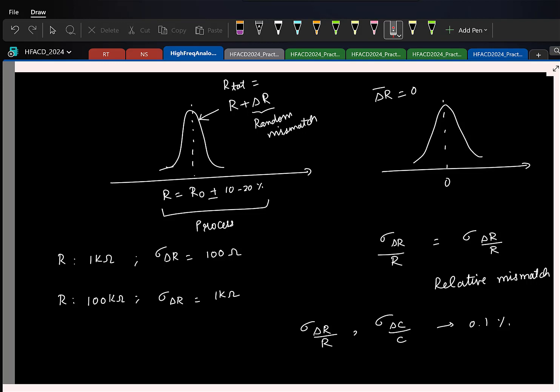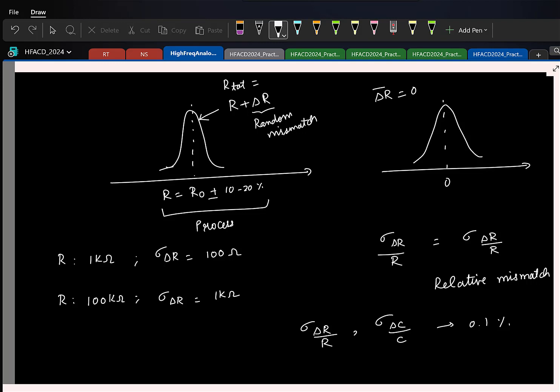So if you have 100 resistors on a chip, the variation among them will not be so much, but the mean value can change quite a lot from one chip to another chip. Okay. So this is for passives.